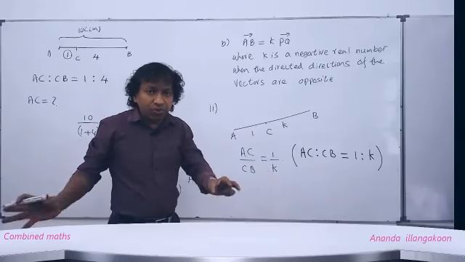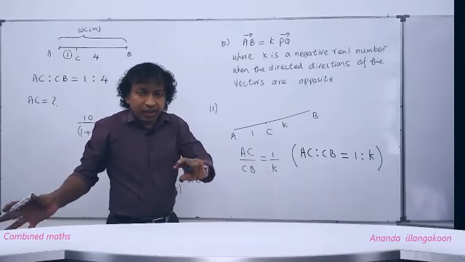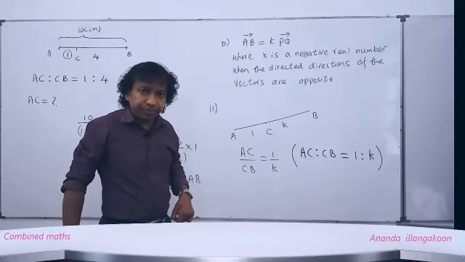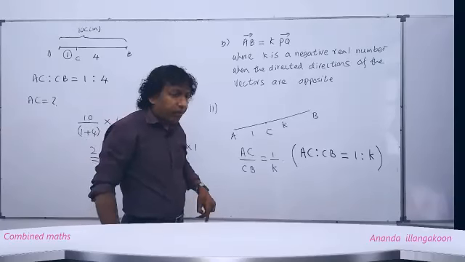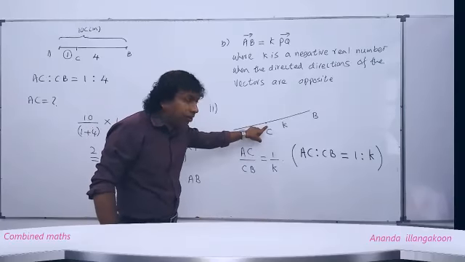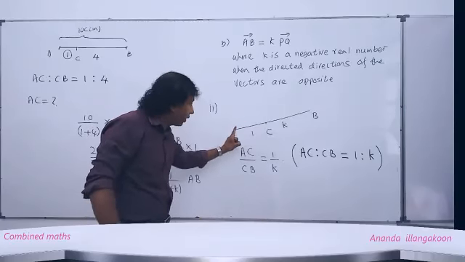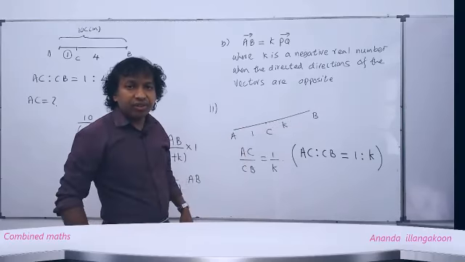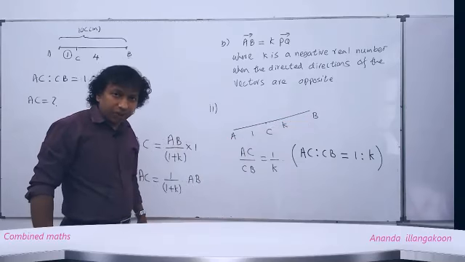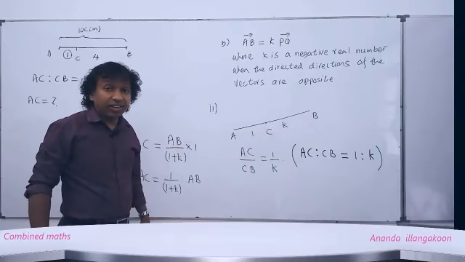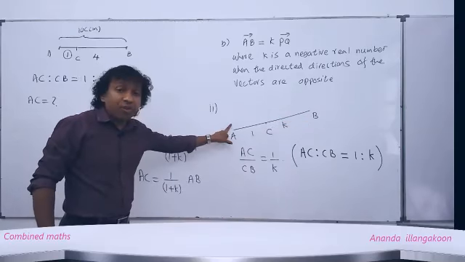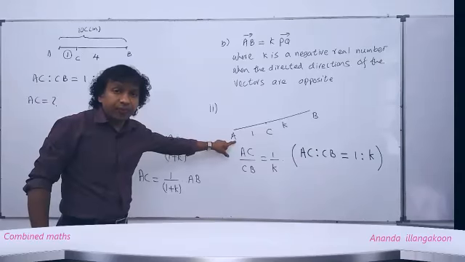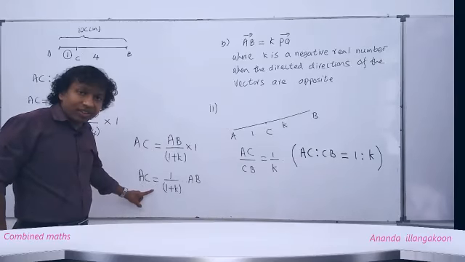Lengths are equal on both sides. The line segments are parallel. Third one, when we go from A to C and secondly A to B, the directed direction is also equal. Then two properties available in the diagram, third one available here.